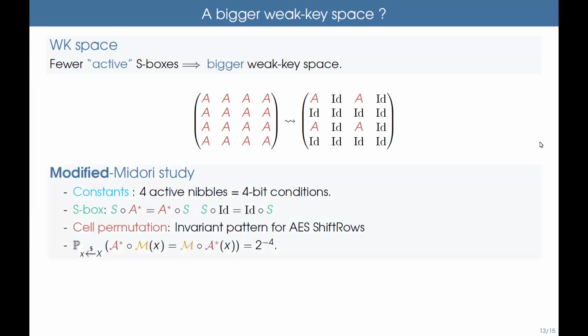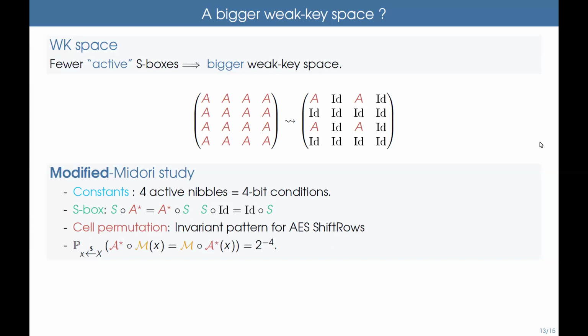This can be done with the exact same kind of study, so we have fewer conditions on the constants and the weak keys. We have to be careful with the cell permutation because we need a pattern which is invariant through the cell permutation. This pattern is not invariant through the Midori shuffle cell, but it is through the AES ShiftRows. So we decided to study Midori, but with ShiftRows instead.